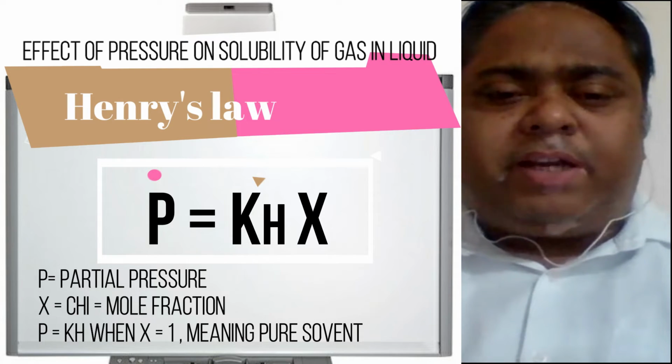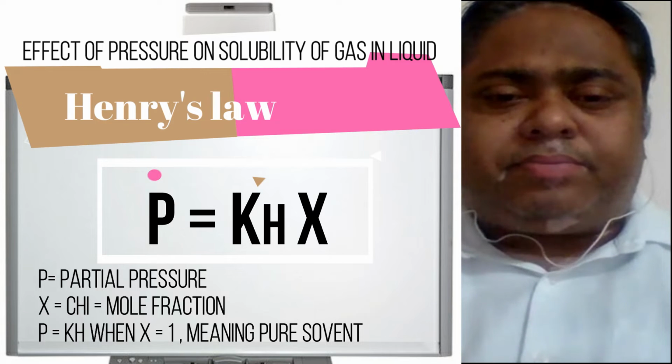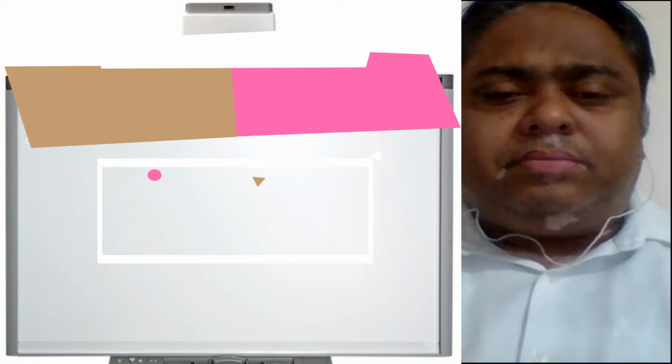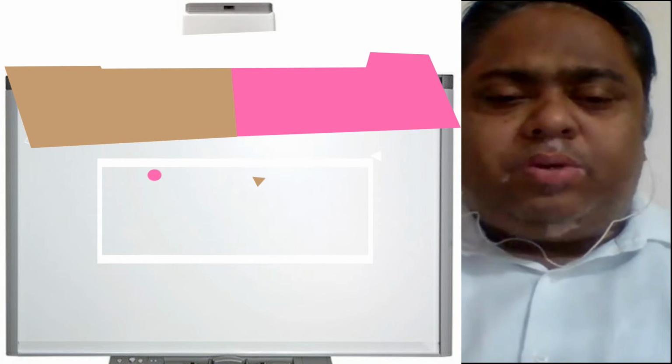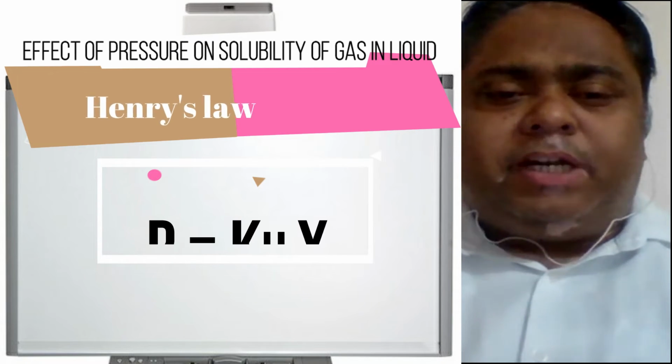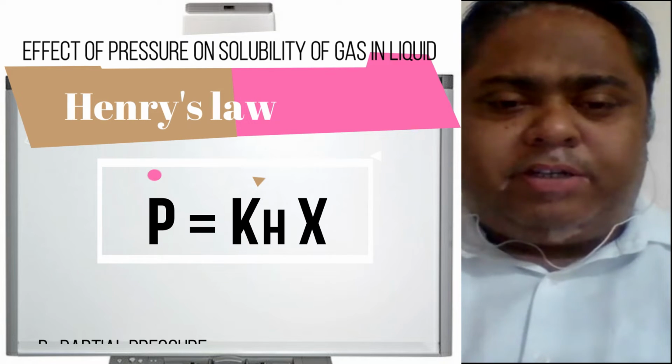In terms of mole fraction, if we say that chi is equal to 1, then we mean to say that there is only one gaseous component.